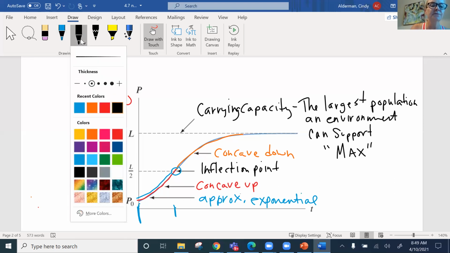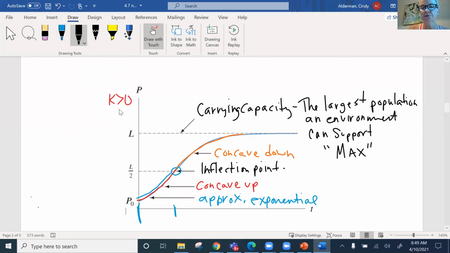So let's, I just want to put kind of all the buzzwords. Look, if you're confused about a question, go back to these buzzwords. This is the point of diminishing returns. Or capacity, or no, sorry, at this point, it is growing the fastest.